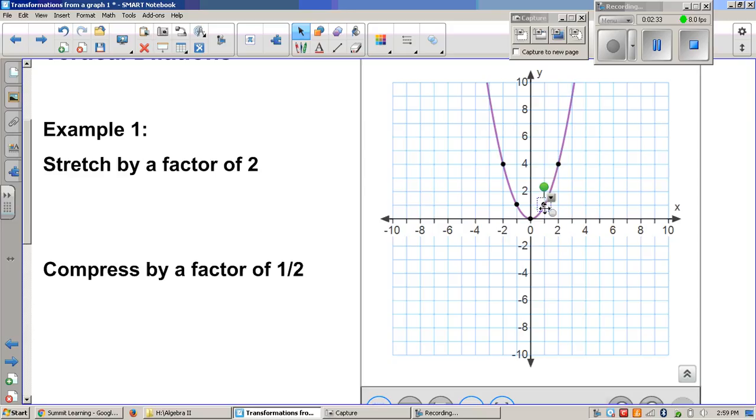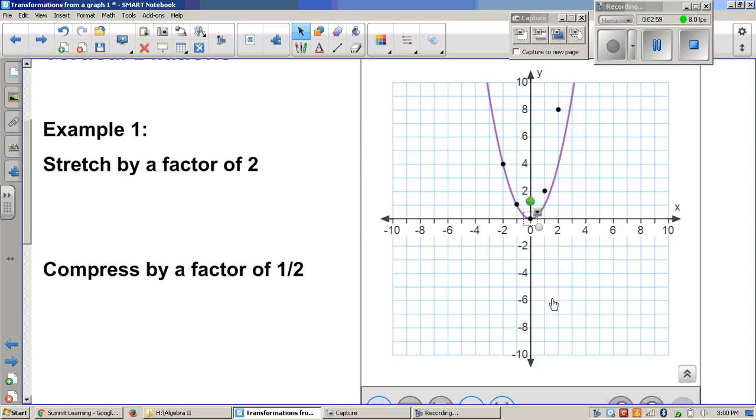If I want to stretch by a factor of 2, that means multiply that distance by 2. So 1 times 2 is 2. There's my new point. If I do this one here, that point is 4 units away from the x-axis. Multiply that by 2, or double that, that takes me to 8. That's my new point there.